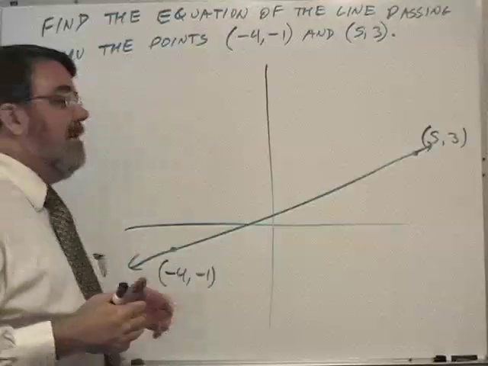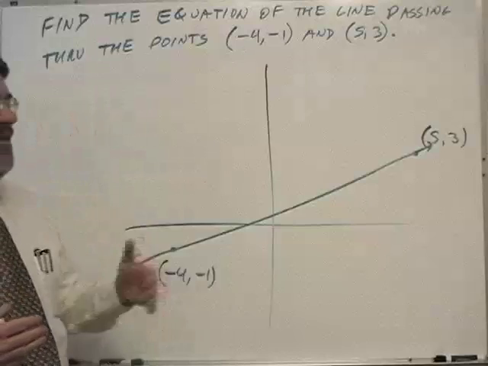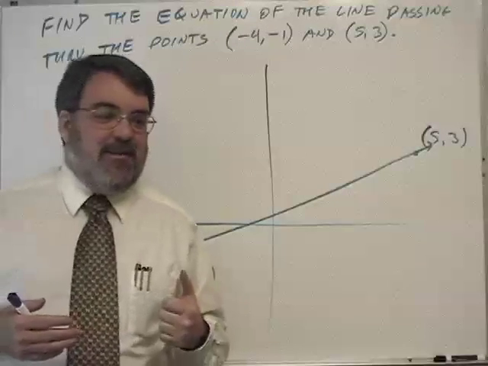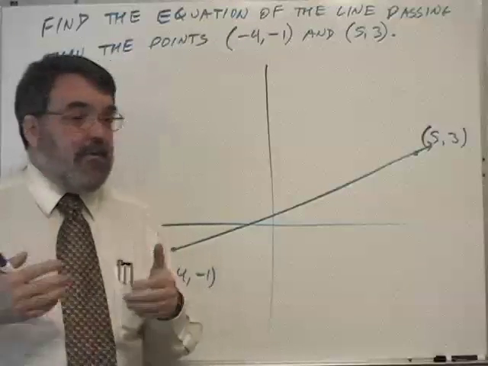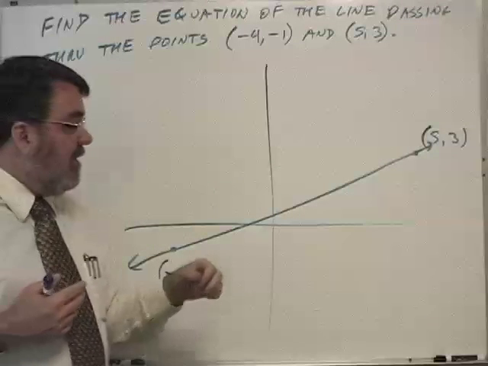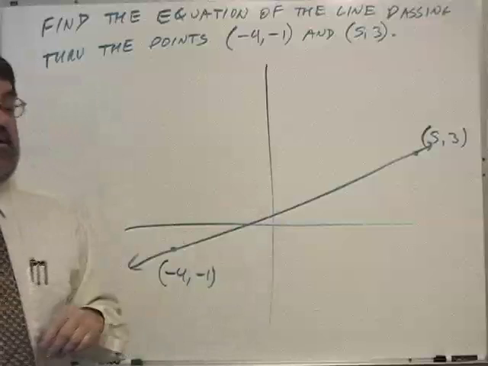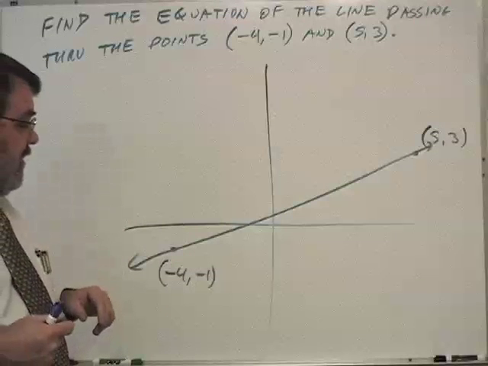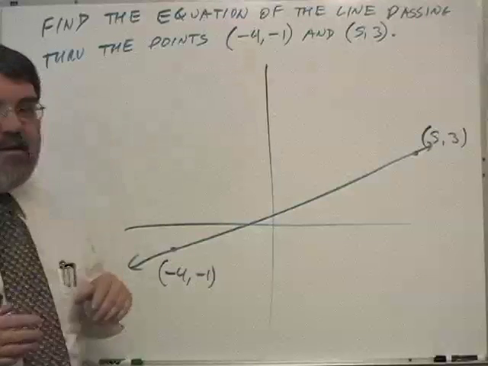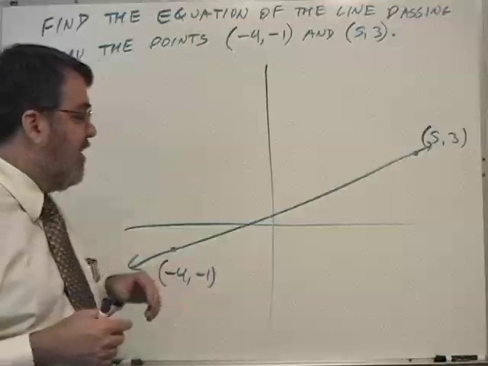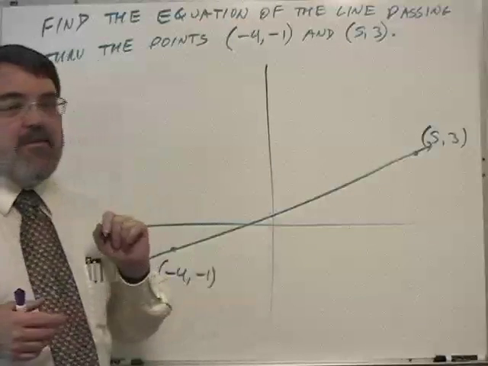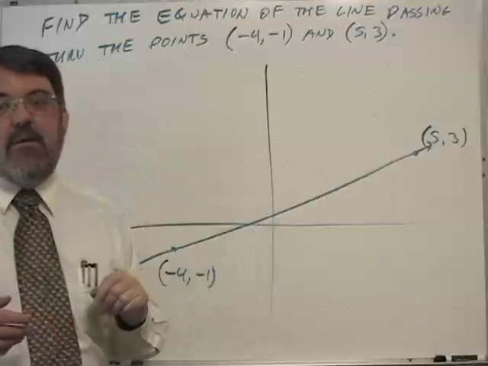Well, it's a little more dicey because I'm not using graph paper up here. If you're using graph paper, then you can be pretty certain of the y-intercept. So I'm approximating here. I think my y-intercept is a small positive number, probably less than 1.